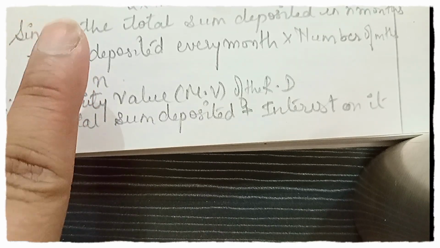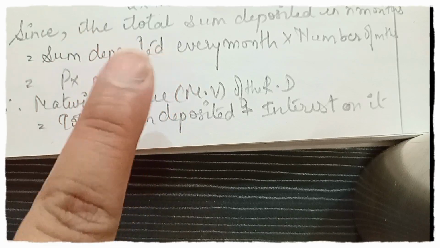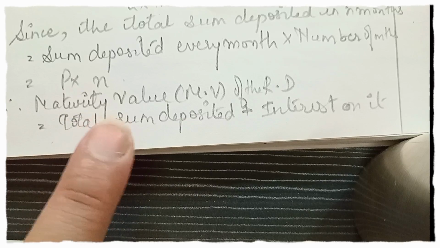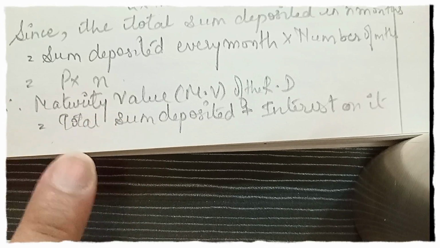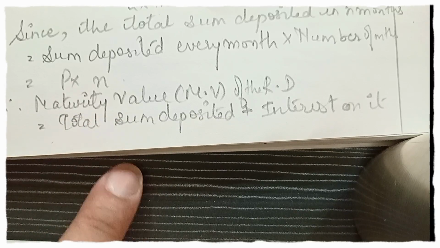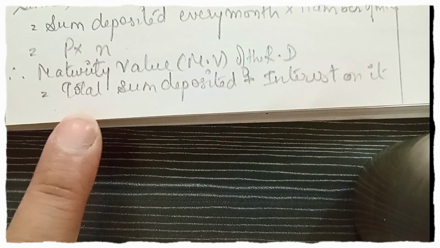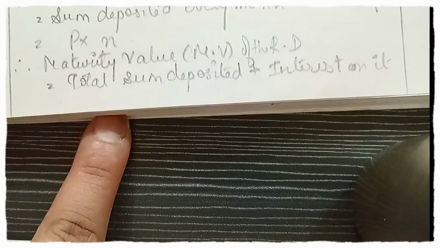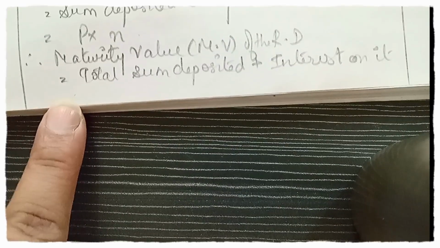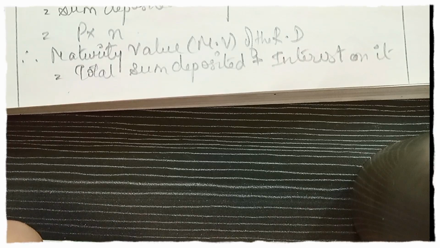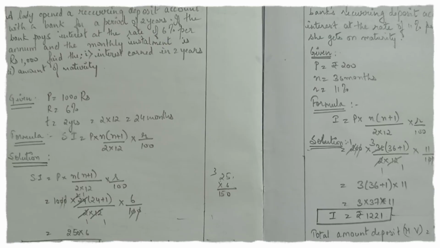This interest can be calculated by the formula I is equal to P into N, N plus 1 over 2 into 12 into R over 100, where the total sum deposited in N months will be P into N, that is the principal into the number of days. Similarly, the maturity value of the RD will be the total sum deposited plus the interest on it.